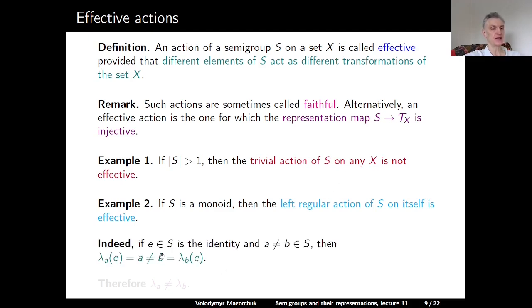Indeed, if the identity of our monoid S is E, and A and B are different elements in S, then lambda A applied to E is equal to A, so it's A dot E, A times E by definition, and A is not equal to B, and B is lambda B applied to E. And this means that lambda A as a transformation of S is different from lambda B. So different elements give different transformations. So the left regular action of a monoid on itself is effective.